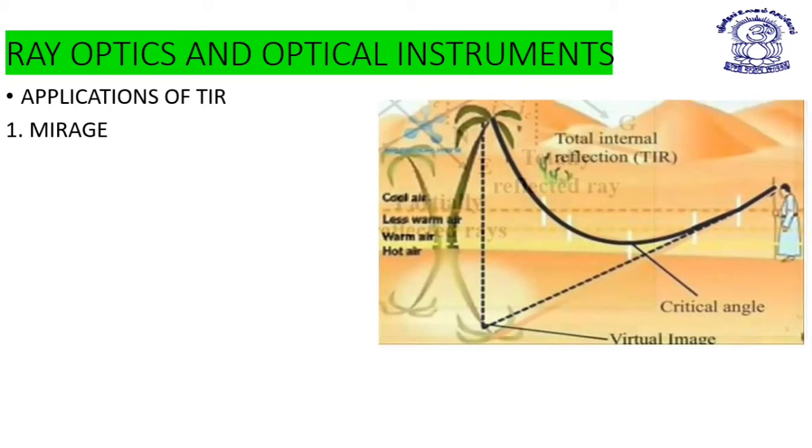This happens because during hot summer days, the air which is near the ground is warm, hot air, so it is rarer, and above that, the gradual layers are of cold air. So, light ray travels from object, then it will pass through optically denser to optically rarer medium.